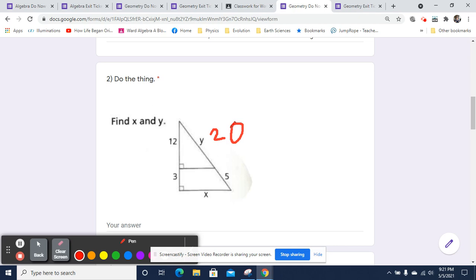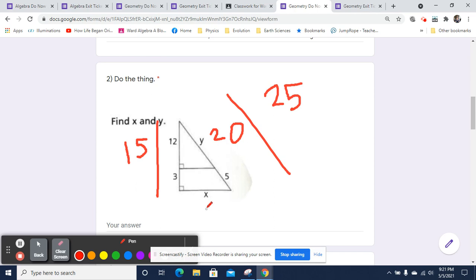All right. Now, if that's 20, then this whole thing is 25 here. And this whole thing is 15. So then we've got what looks to me like a 3, 4, 5 triangle.